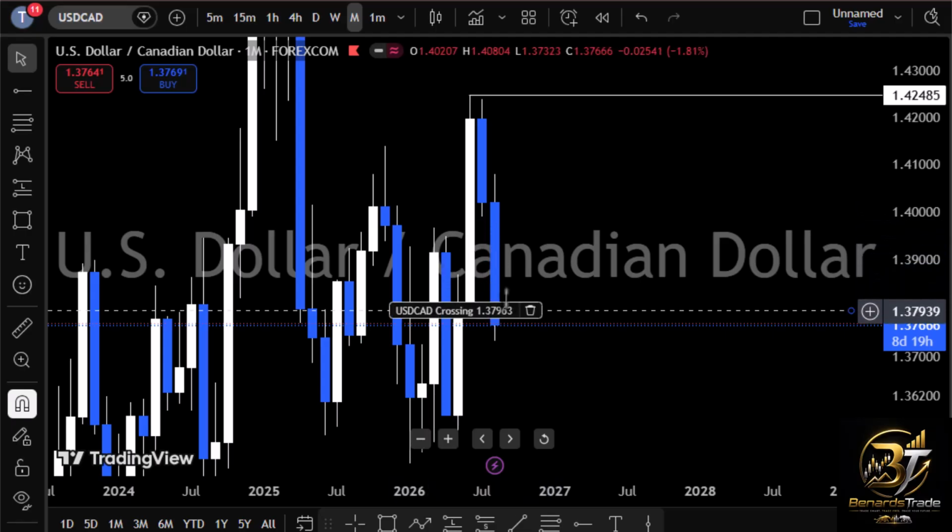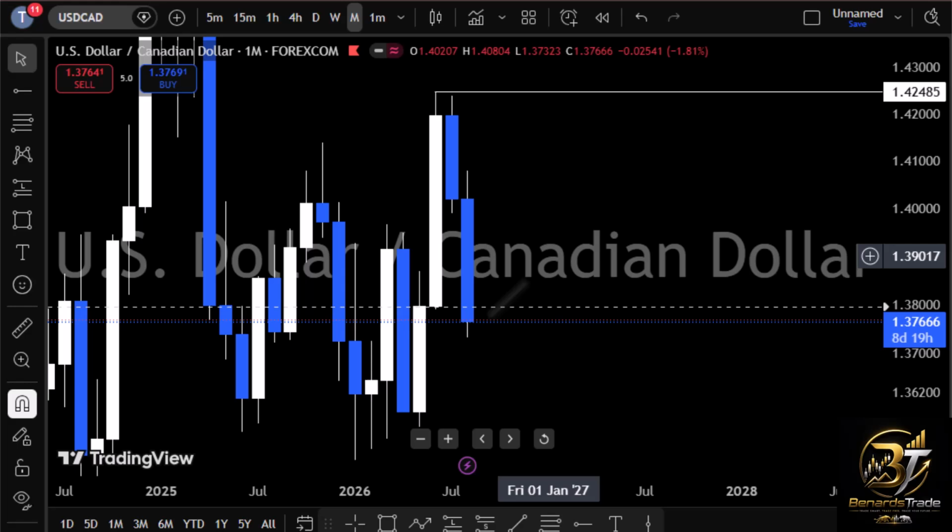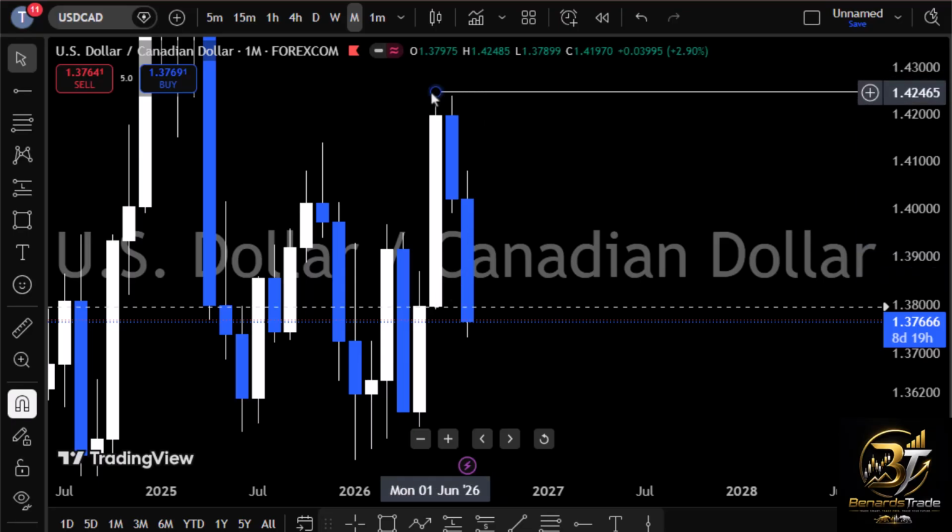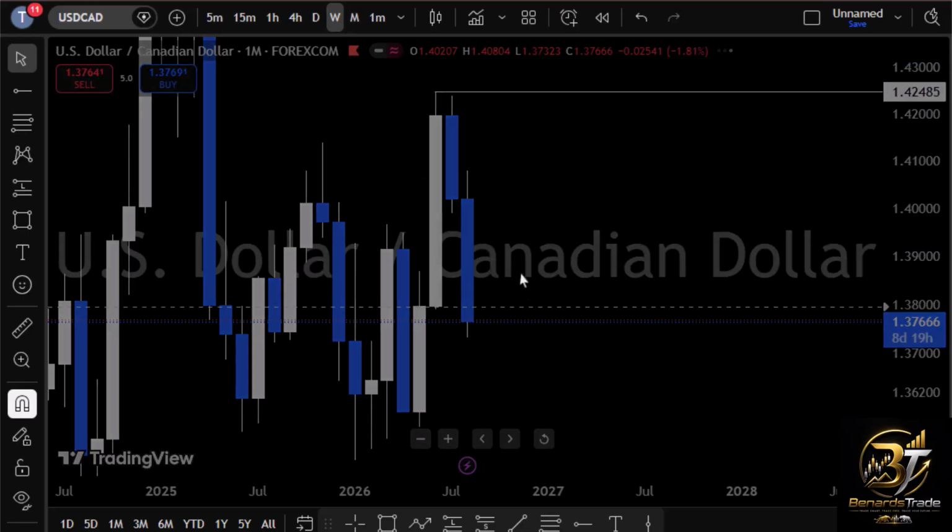So I expect this month to not close like this. I expect this month to close up. I expect us to close above this swing low, this candle's low. This is June's low. I expect us to go above June's low and close. Then I'll be looking for this liquidity here.